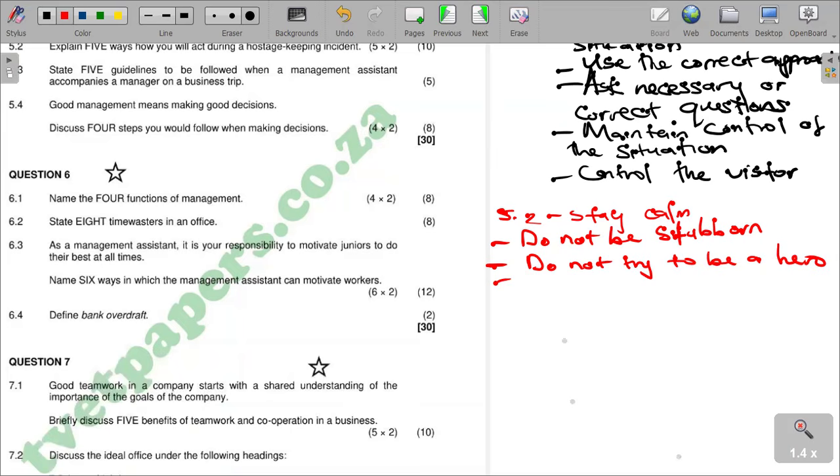Right. And also take note of details like the faces, the voice, the accent, the marks, the scars.